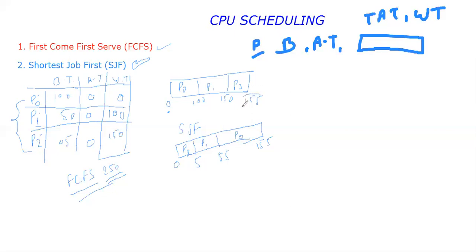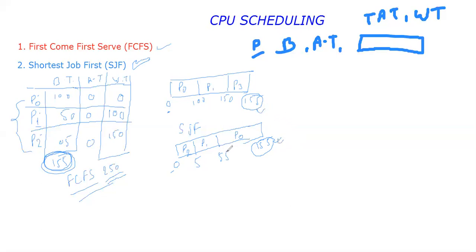Now here you can see 155, 155. So the ending time remains the same, and the starting time is also the same. Hence the total burst time is what we are going to execute, and the total burst time is 155.